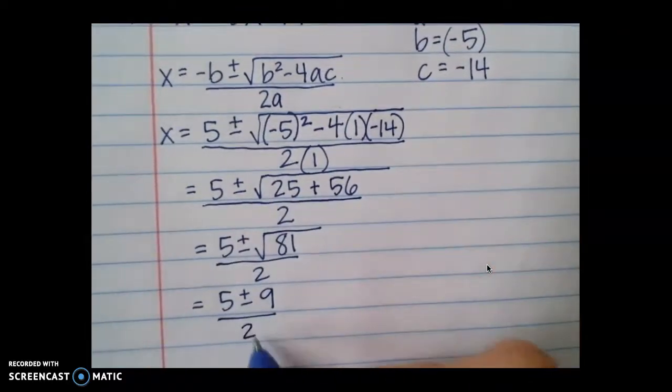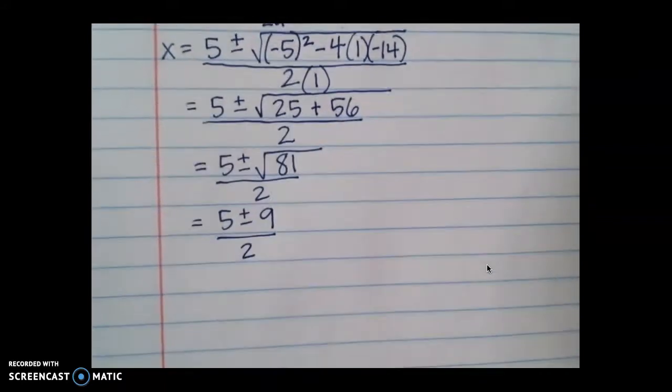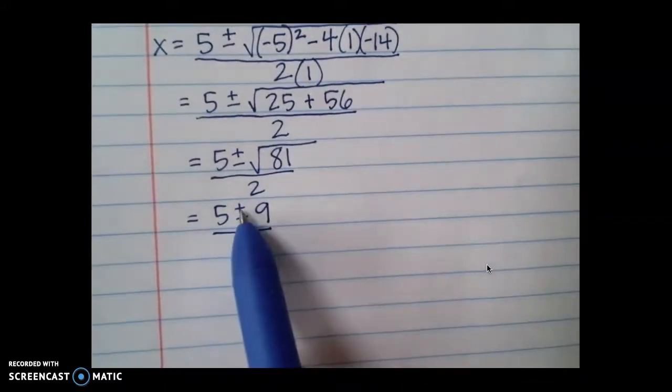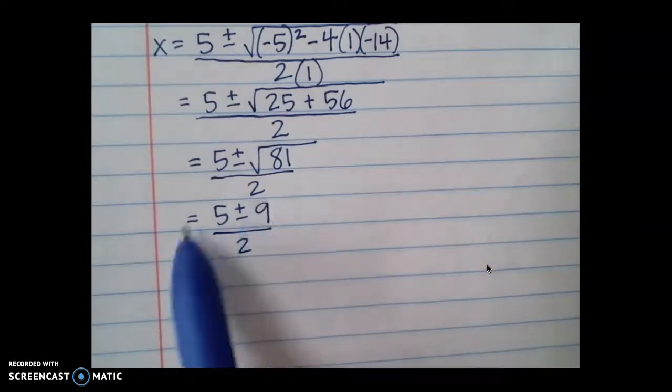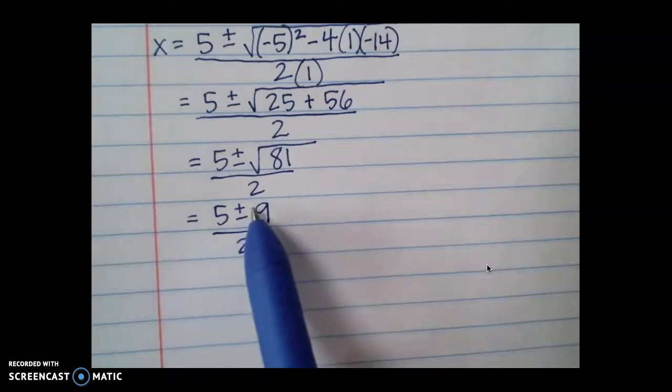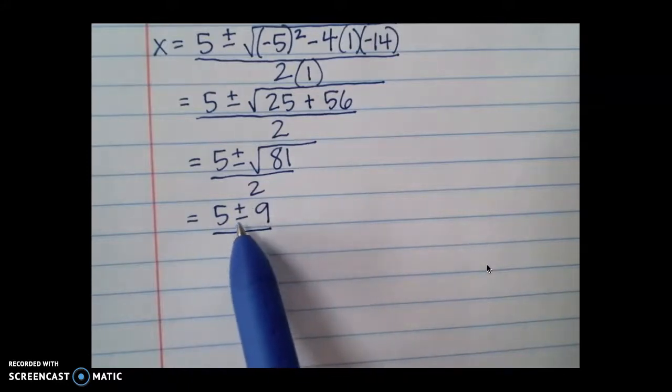All over 2. Okay, here's where you have to turn it into 2 separate problems. We have 5 plus 9 divided by 2, and we also have 5 minus 9 divided by 2. So once you get it down to where all you have left is a number, this symbol, another number, and divided by whatever, you need to break it off into 2 separate problems, one where you're adding and one where you're subtracting.